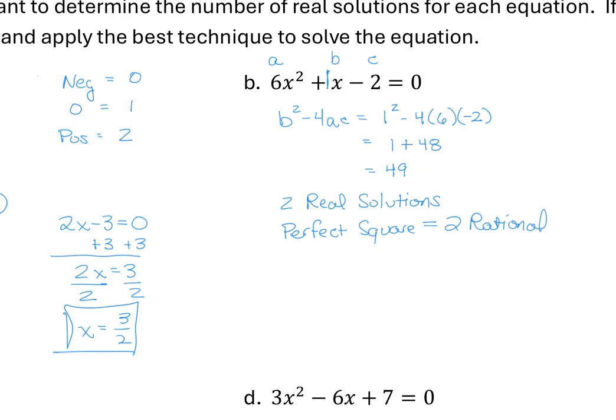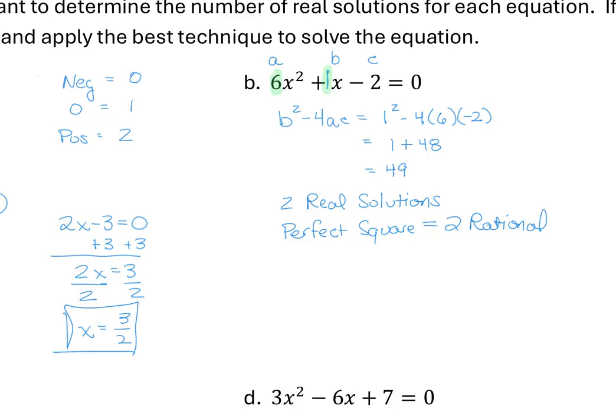For this one, what do we want to use in order to solve it? You could do factoring. You could also do quadratic formula. I would not pick completing the square on this because we do have that leading coefficient is 6. This number is a 1, and so completing the square may not be the technique that we want to use.